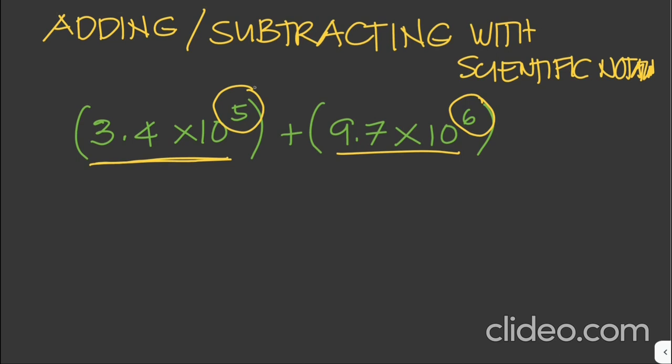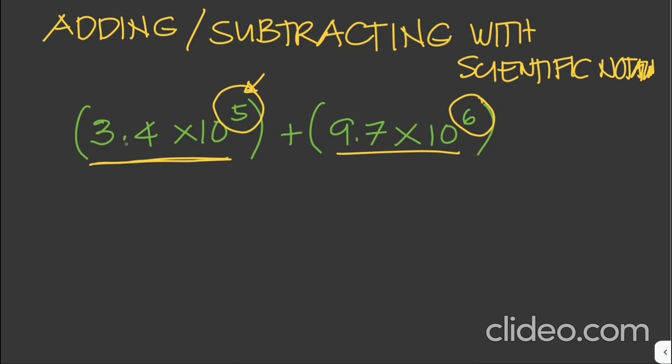To turn 5 to exponent 6, we need to move our decimal point to the left, because shifting to the left adds to the exponent of the base.